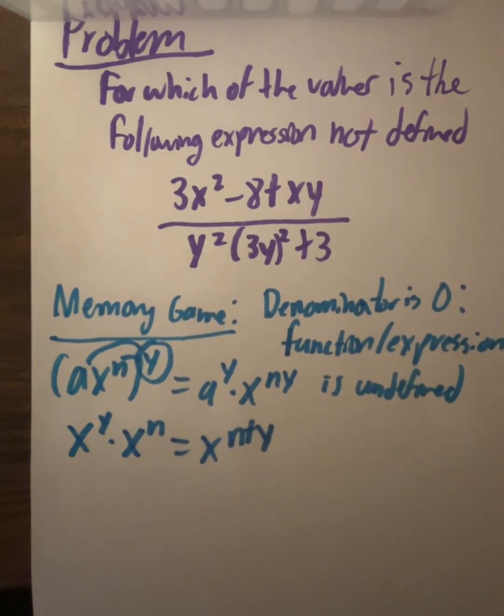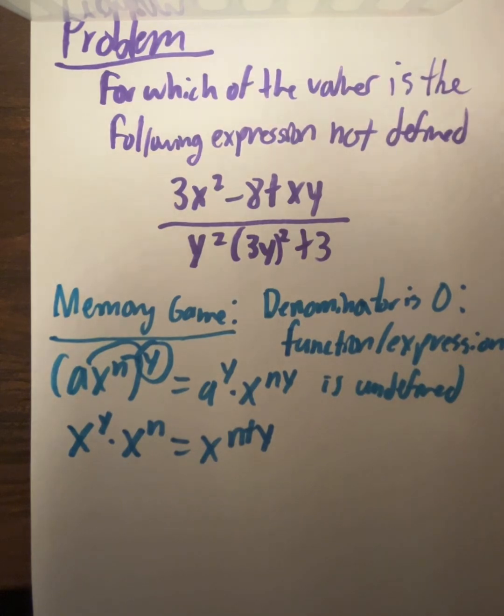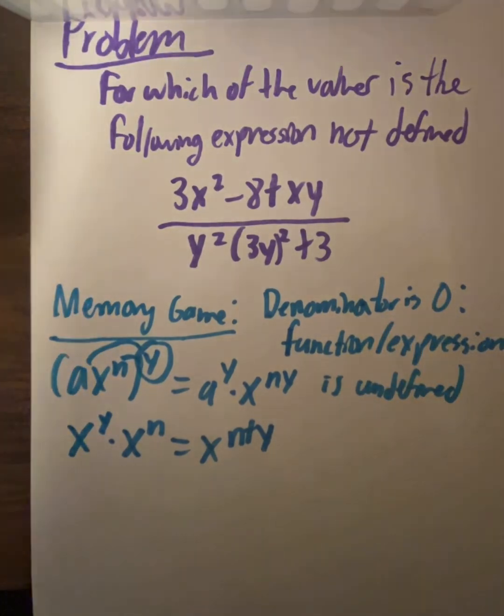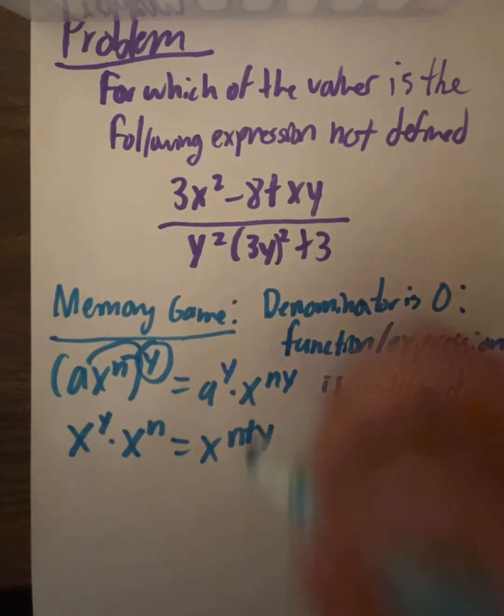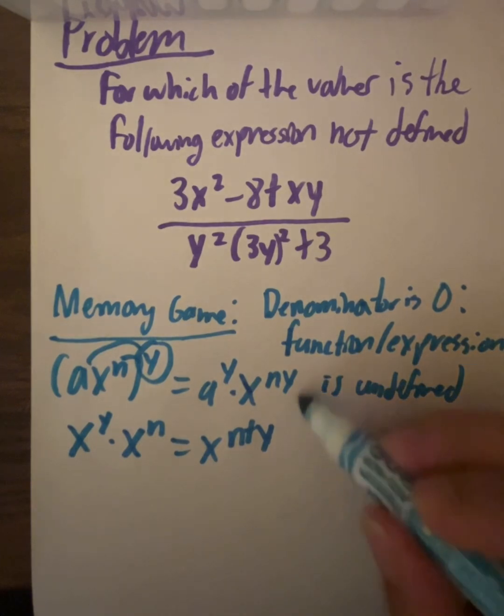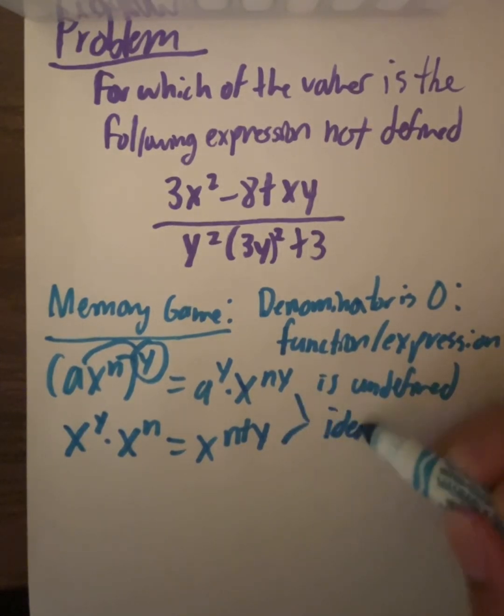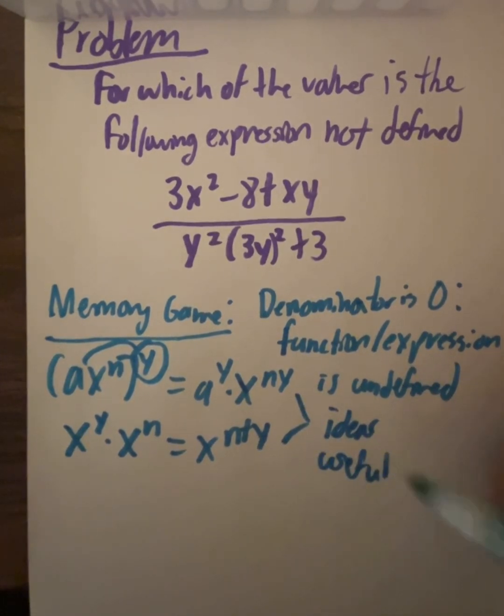So when we have an exponent outside the parentheses, multiply. If we have a base with an exponent multiplying the same base with another exponent, we just add. So we have these two ideas that are useful for this problem.